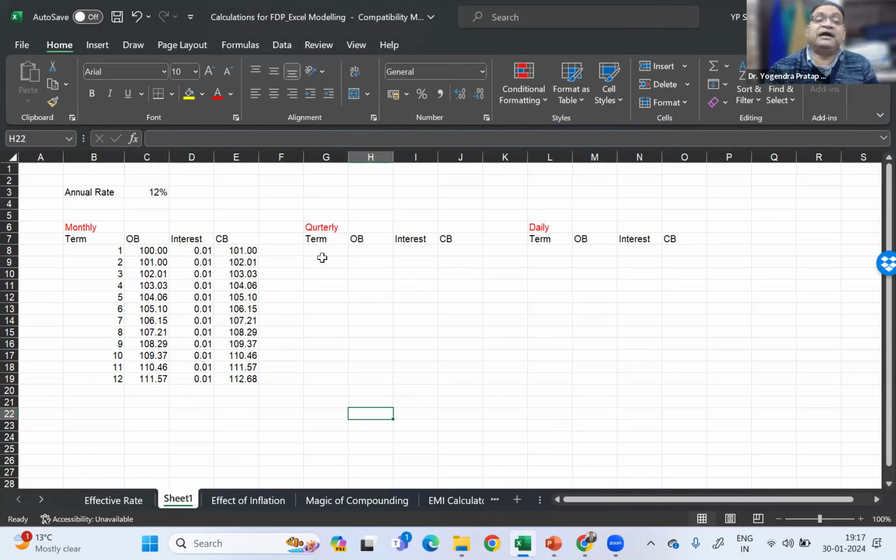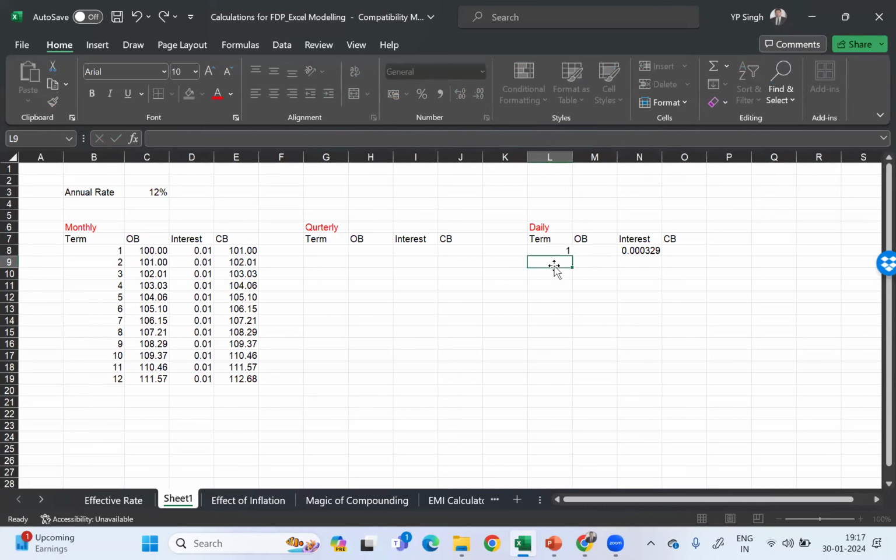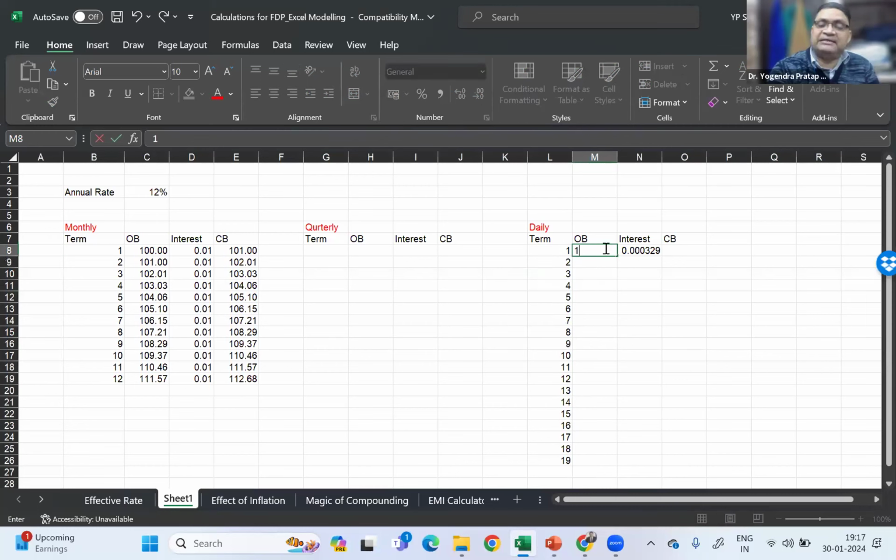And suppose, because 12% is the annual rate they are offering, but the frequency of payment is monthly, that is why this change is there. And suppose it is on a daily basis, see what will be the change. On a daily basis, the interest is equal to 12% divided by what? 360, 365. Make it 365. This is the interest. Term is 1, then 2. See the difference. And suppose the opening balance is 100.